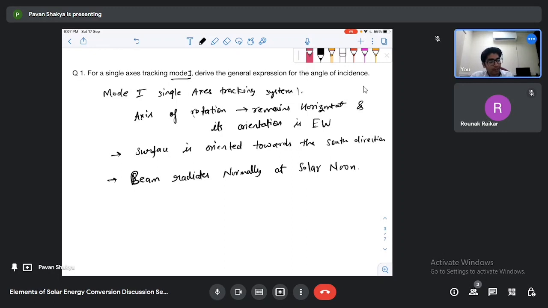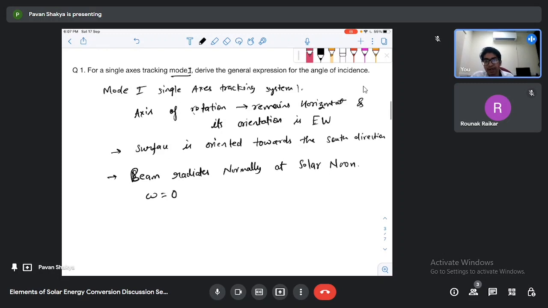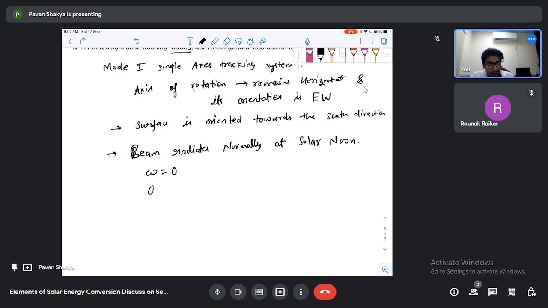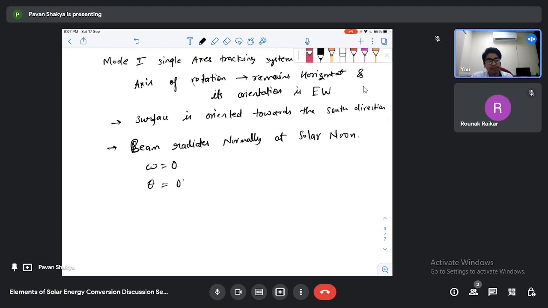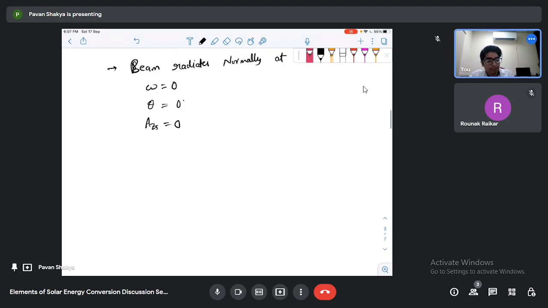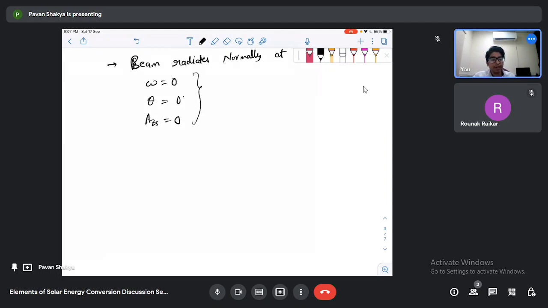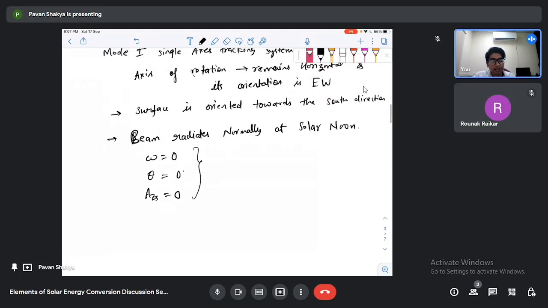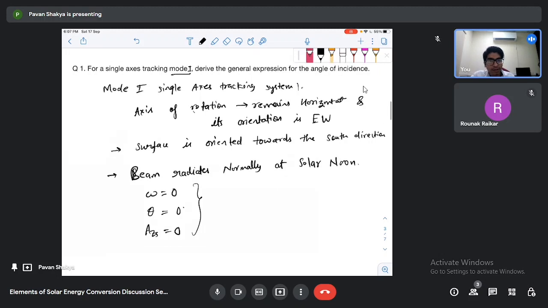At solar noon, that is omega equal to 0, the sun radiation should be normal to the surface. It means theta should be 0 degree. Also, in this mode the surface is oriented towards the south direction, which means the surface azimuth angle will be 0. By applying this condition, we can derive the expression for the angle of incidence.